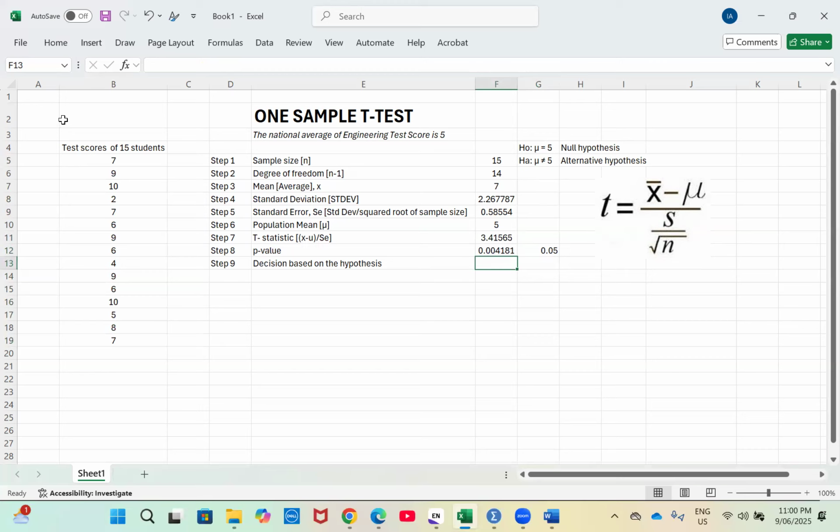That means these 15 students' sample mean is not equal to the national average; rather, it could be greater or less. The most important thing is to reject the null hypothesis. Then if you reject the null hypothesis, you fall into the alternative hypothesis, which says that the average of our 15 sample students could be higher or lower than the national average.